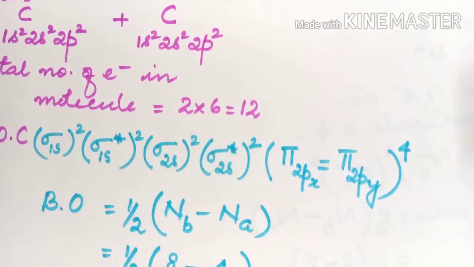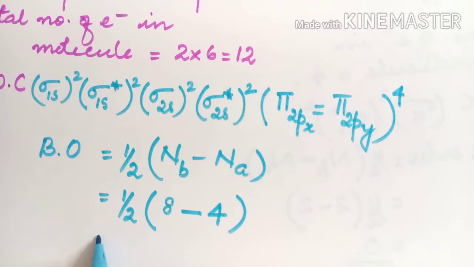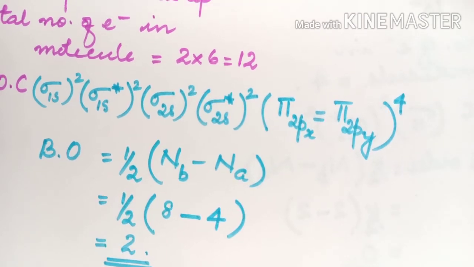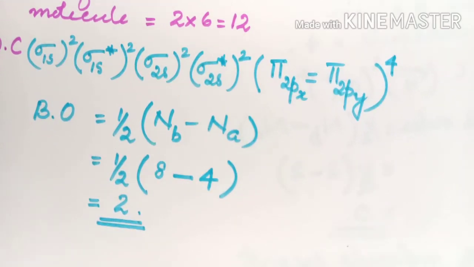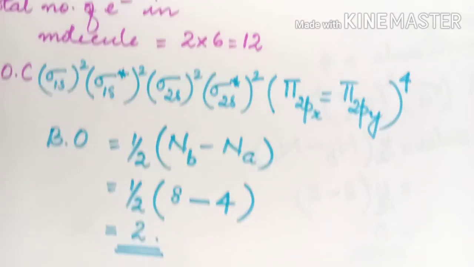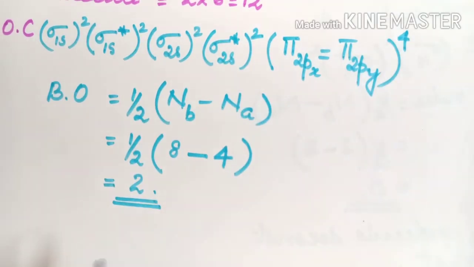So the bond order is found to be 2. That means the molecule is stable. If the bond order is positive, we can conclude that the molecule will be a stable one, and we also have an integral value. That means carbon will have a double bond in the molecule.